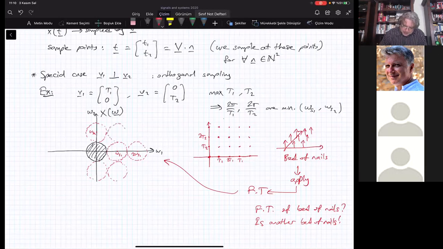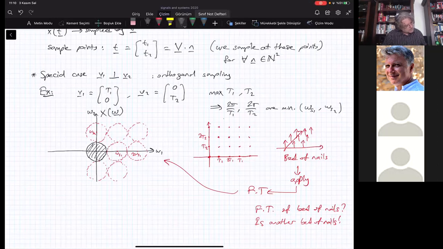I'm just drawing the result here, like this. Of course, maybe I should be giving some names to these signals. This bed of nails, for example, that are separated by T1 horizontally and T2 vertically, we can give a name to that.